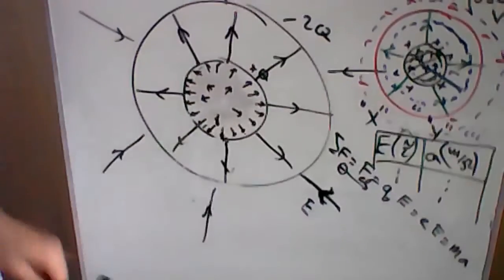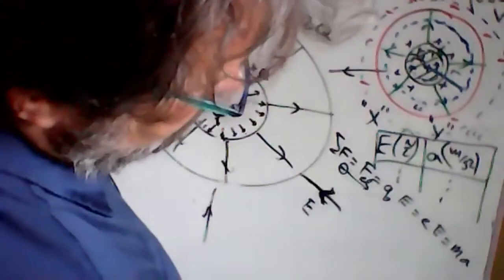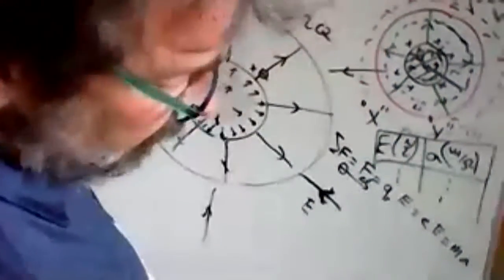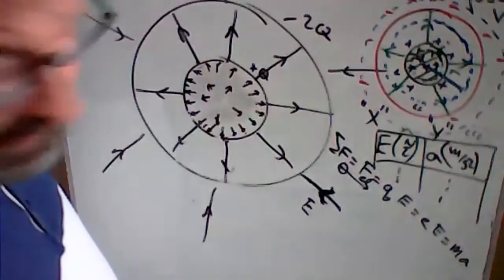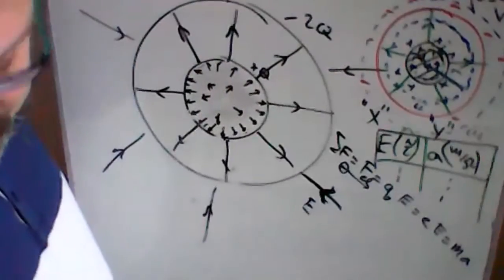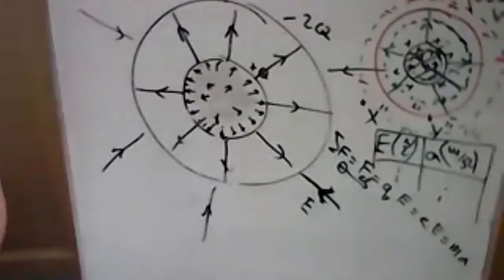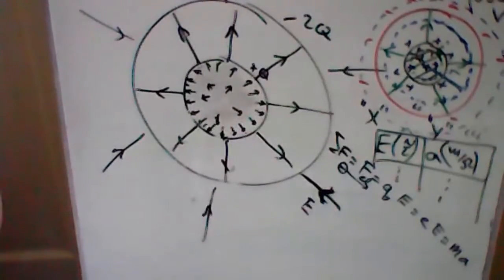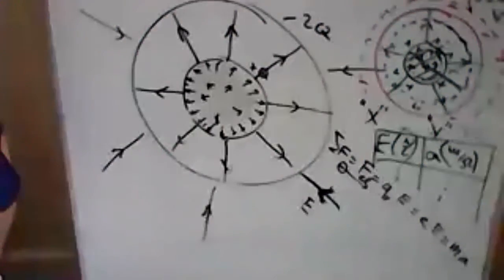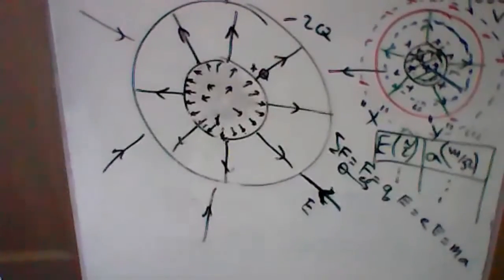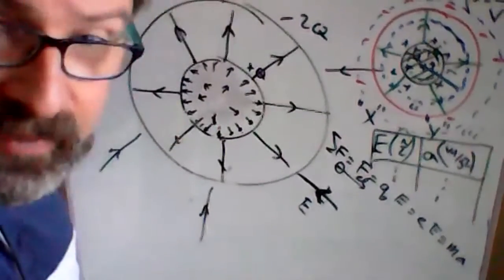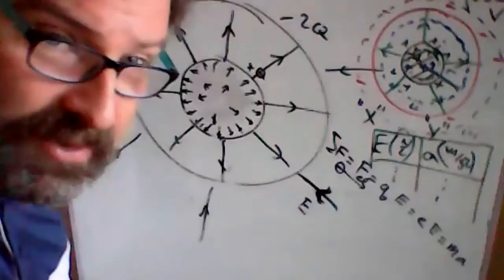So in our case, I understand that they're proportional, but wouldn't one have to plot qE, or in our case, eE? That's our choice. No, they chose to plot E and A. That's what they said. Oh, so actually you could plot eE versus ma. That's okay.